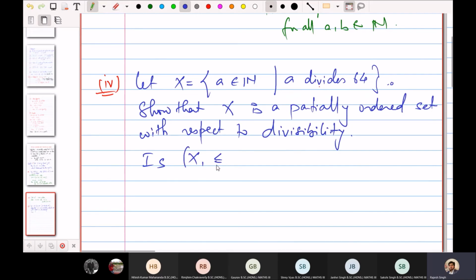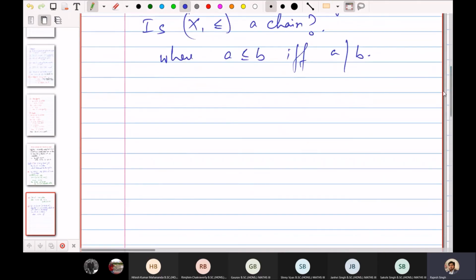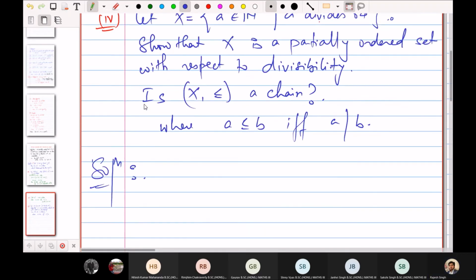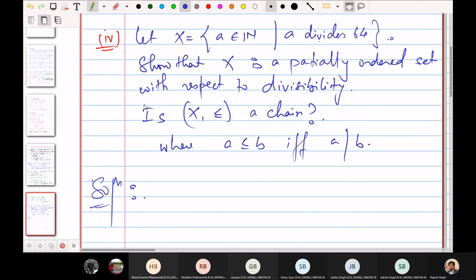Is X a chain where A is related to B if and only if A divides B. चलो बताओ. फर्स्ट हमने ऑलरेडी देखा हुआ है कि डिवीजन के साथ कोई भी सेट हो, इट इज अ पार्शियल ऑर्डर रिलेशन, राइट.